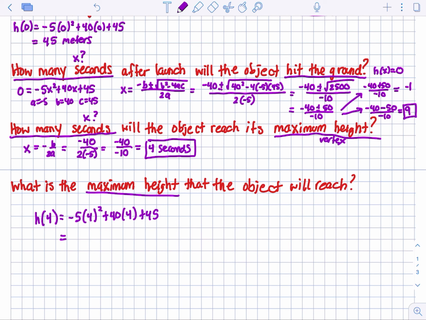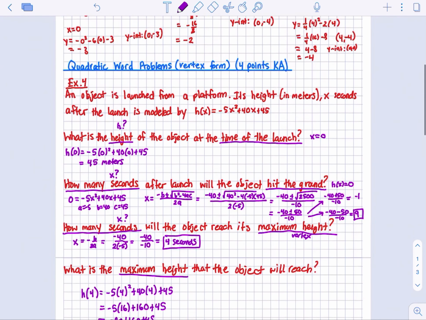This is going to equal negative 5 times 16, plus 160, plus 45. Equals negative 80 plus 160 plus 45, and this simplifies to 125 meters. So make sure you know what they're asking of you and then go ahead and solve for that, okay?